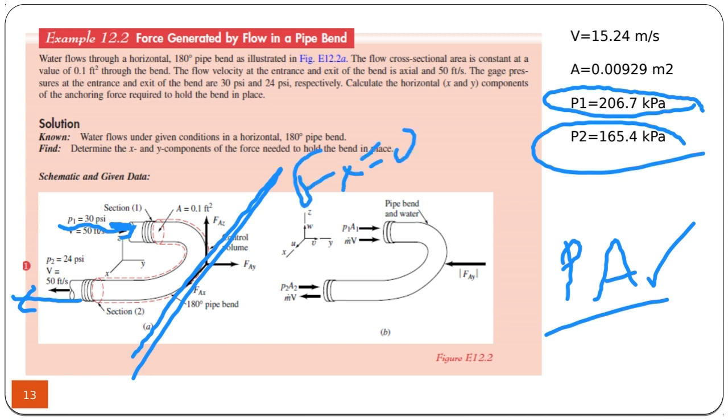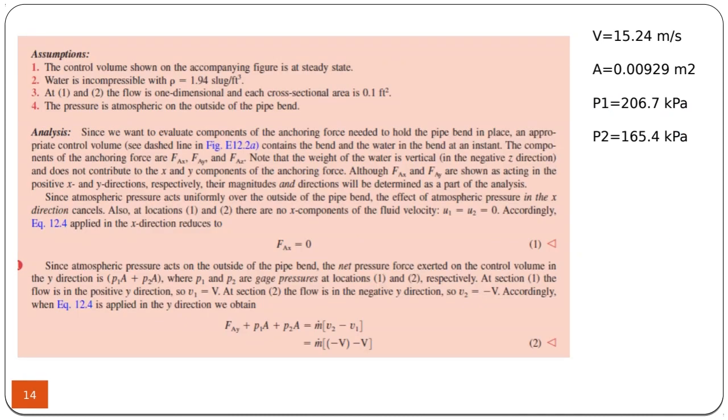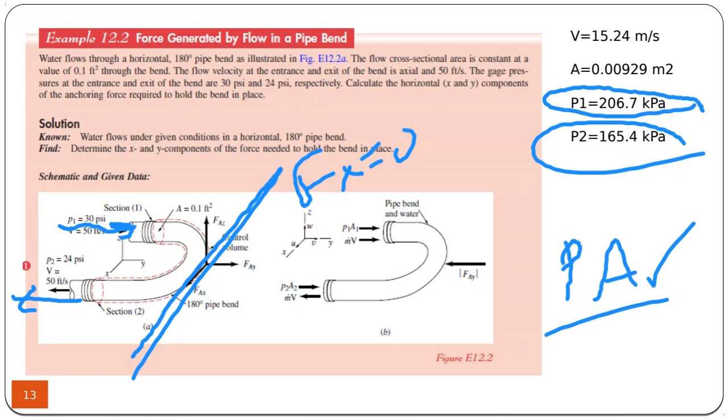There is no pressure force and no momentum component in the x direction, so the sum of the Fx forces is for sure 0. However, for the y forces, and by the way, this is the y direction, we have pressure forces in the y direction as well as the momentum fluxes in the y direction.